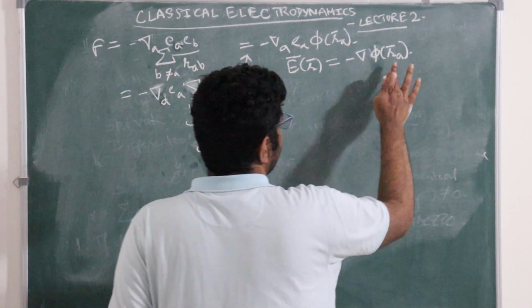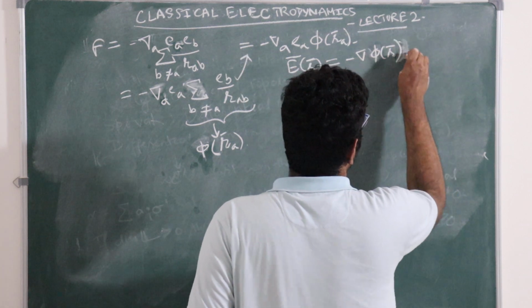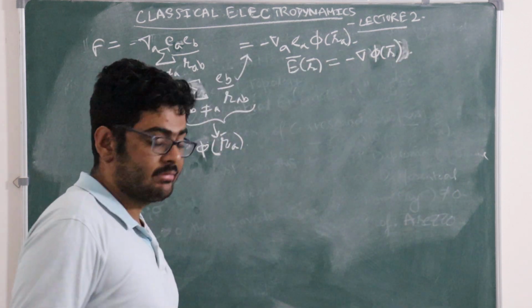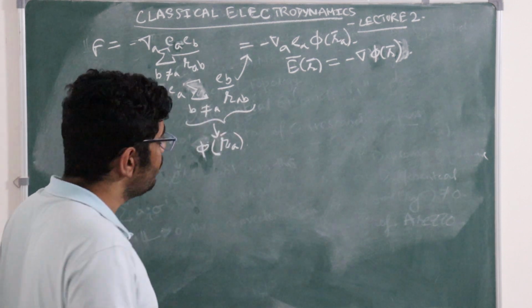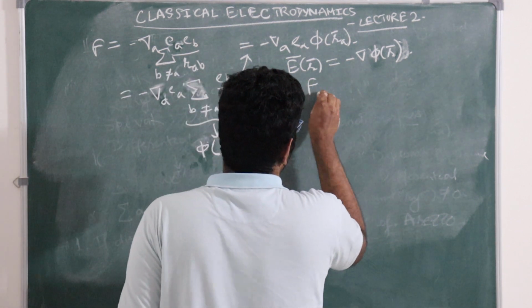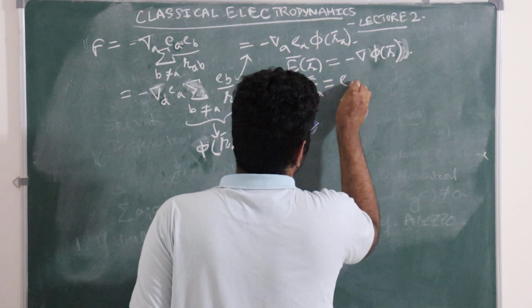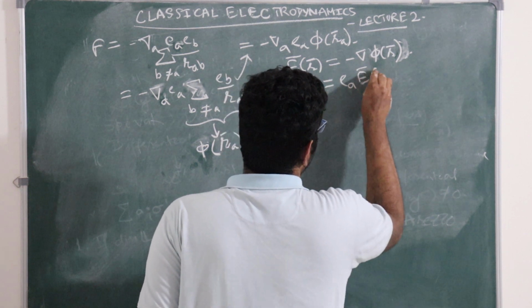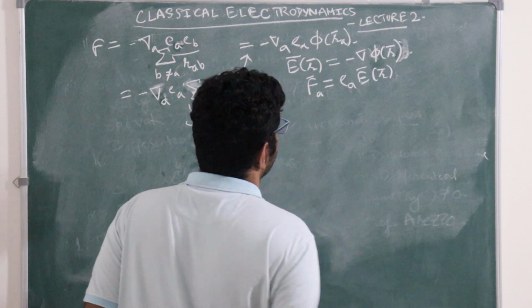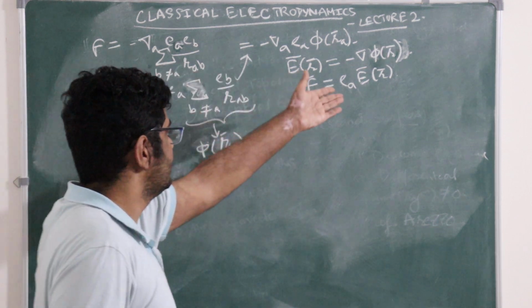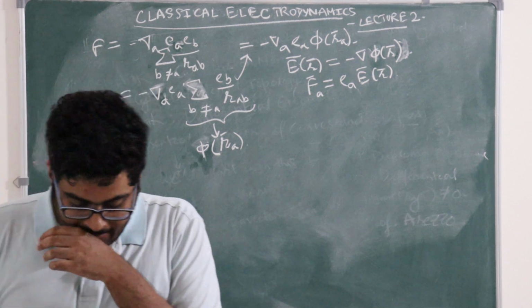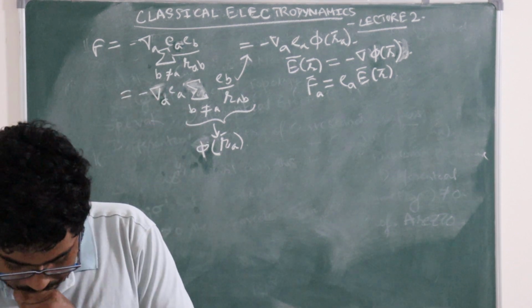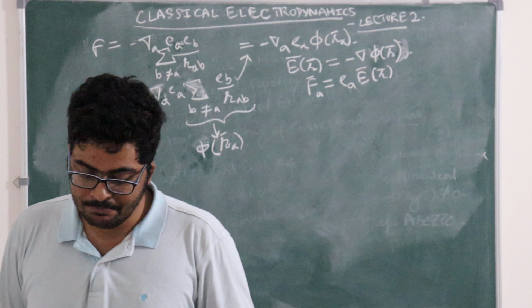But I shall not write phi of RA, I shall write it in a continuous form, phi of R. And so the force at a particular point A is charge times the electric field. So the electric field reduces to the force per unit charge, at least mathematically we can say that.